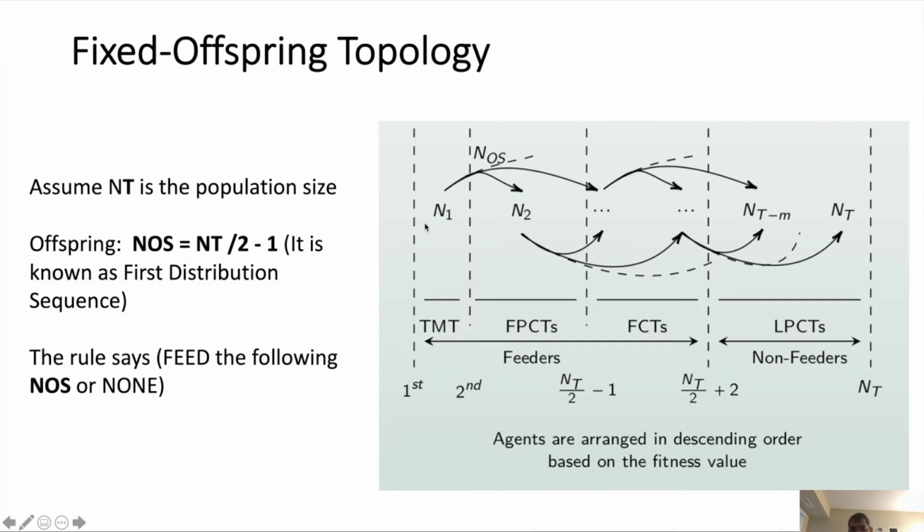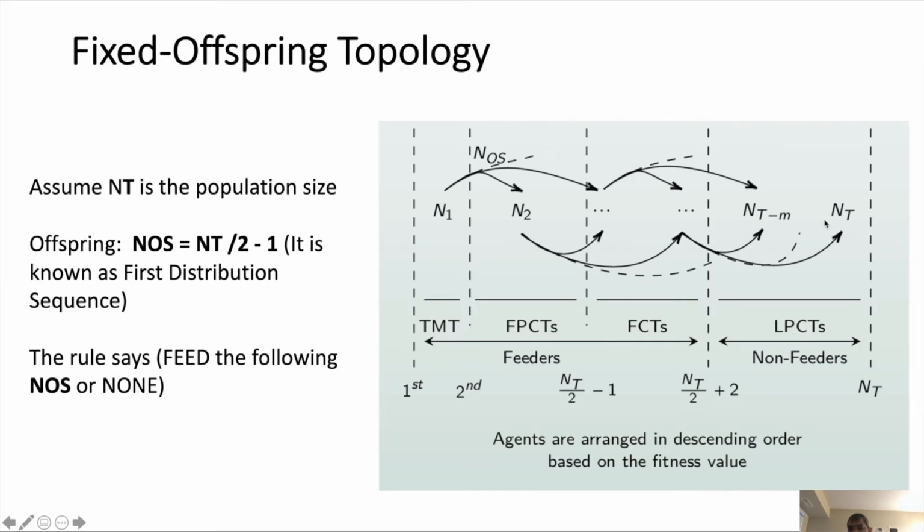So it means that every tree can feed the next two trees in front of this agent. So N1 can feed N2 and N3, and so on. However, we have another rule that says feed the following NOS or none.